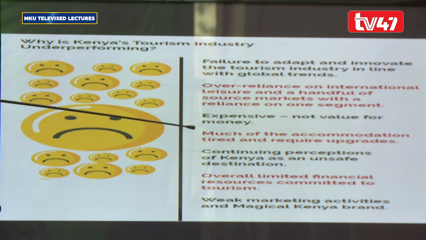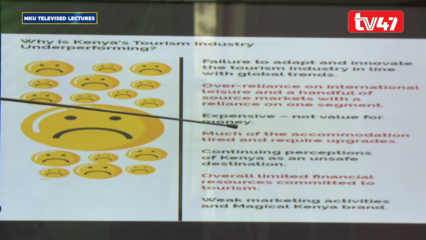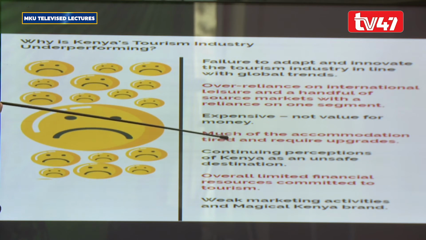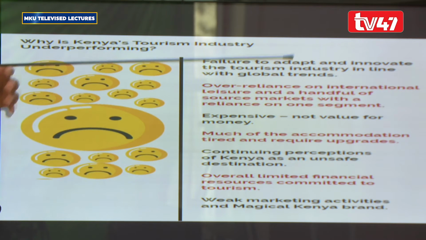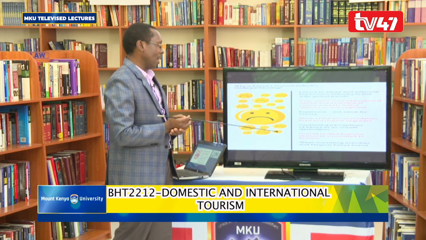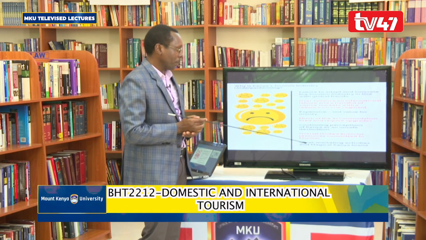Or if I go to Masai Mara and I had promised them that they will see the migration of the wildebeest and they see nothing, then they feel there is no value for money. And that's why we are saying we still need to refocus and know what other kind of tourism services and facilities we can leverage on.